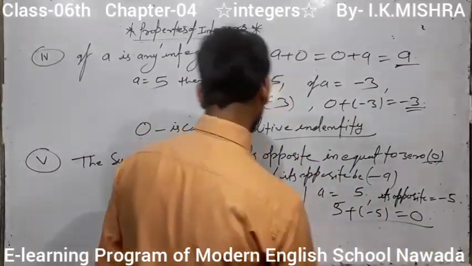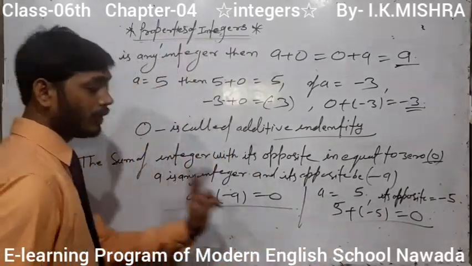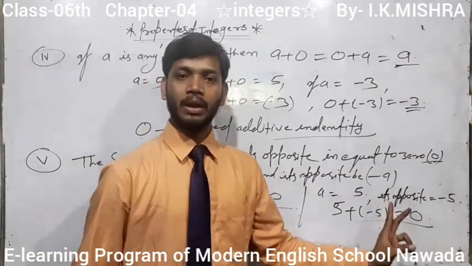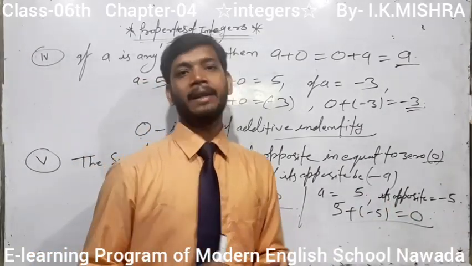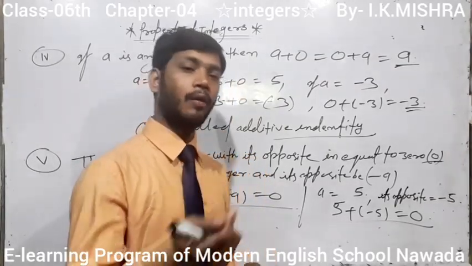Friends, here when the sum of two integers is equal to 0, then each one is called the additive inverse of the other.